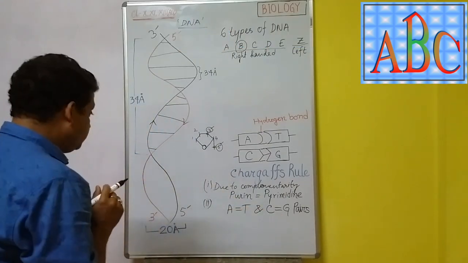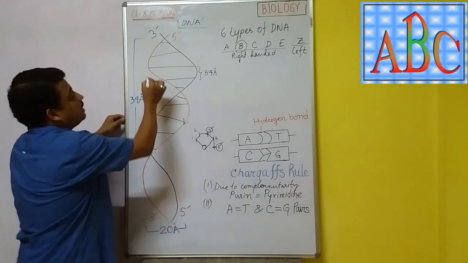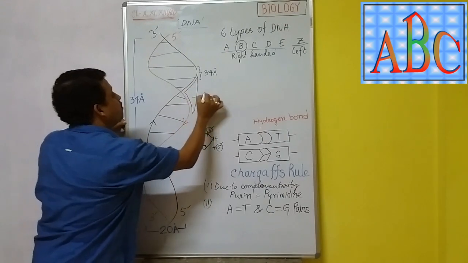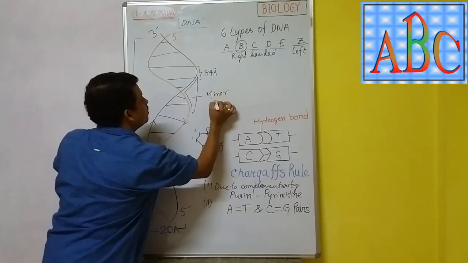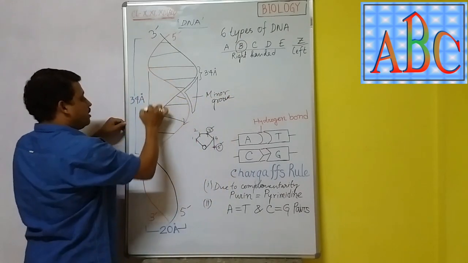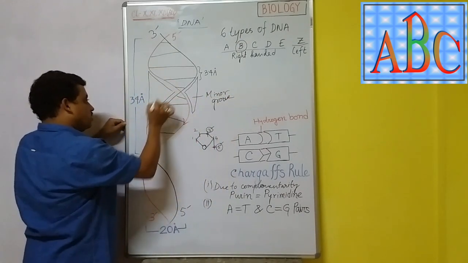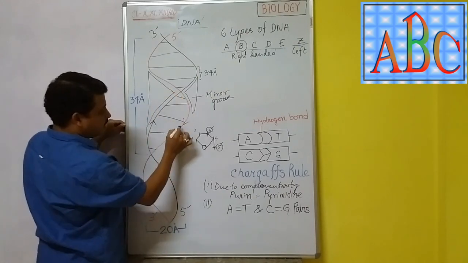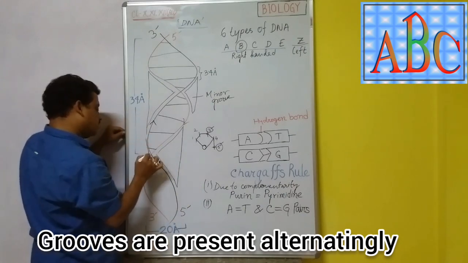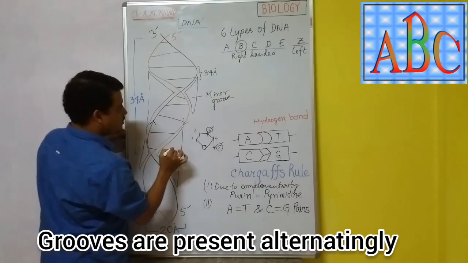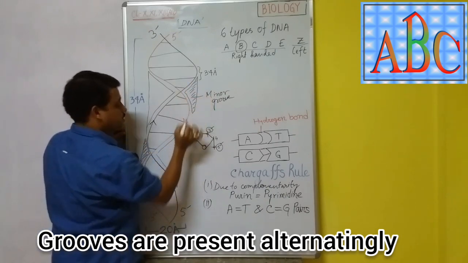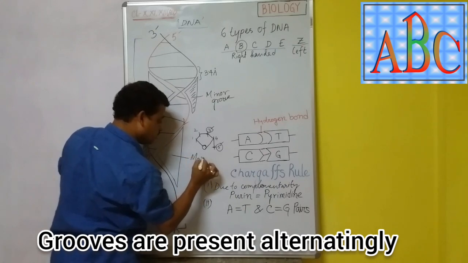We can see more structural features here. This small groove is called the minor groove, and here again a larger groove, which we call the major groove. Again here is a minor groove, and here also a major groove.